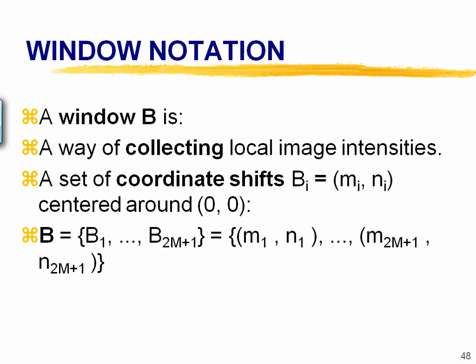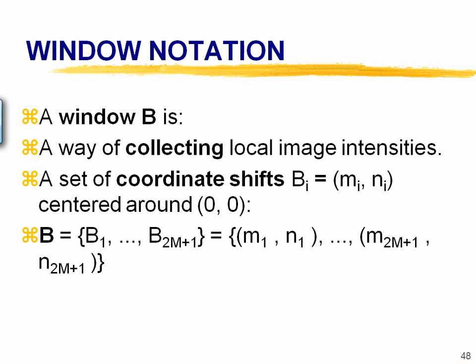All right. So let's define some basic notation so we can use them. We'll define first of all any window that we create, any structuring element, with the letter B. Now, the window is nothing but a mechanism for collecting local intensity values that are present in the image, which means we can define the coordinates of that window essentially as shifts.